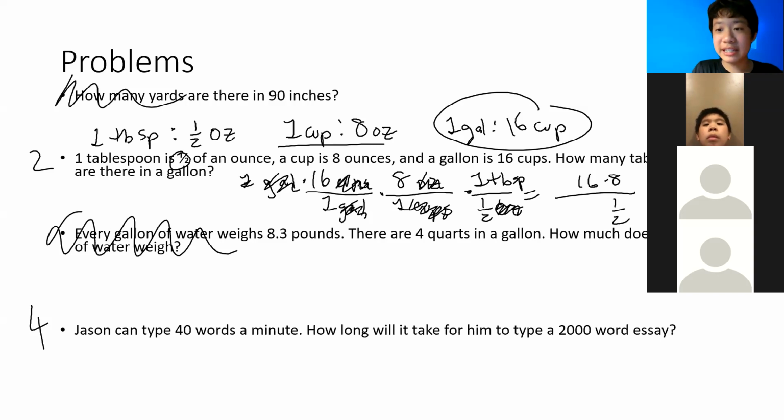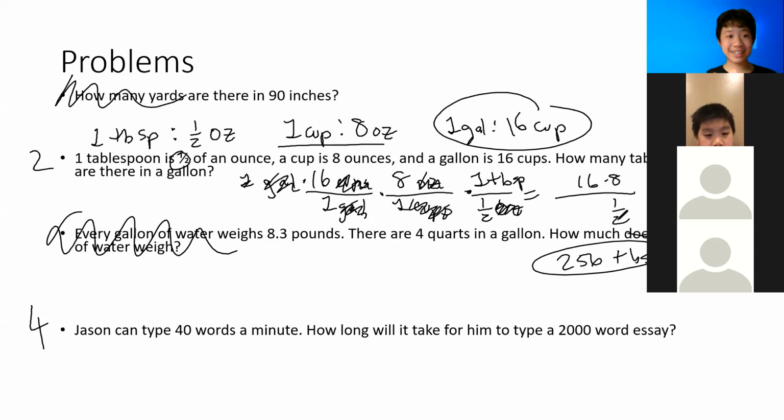Multiplying by the reciprocal. 16 times 8 times the reciprocal of 1/2, which is 2. 16 times 8 times 2, well, 8 times 2 is 16, so 16 times 16. Let's just do that here. 256 tablespoons.